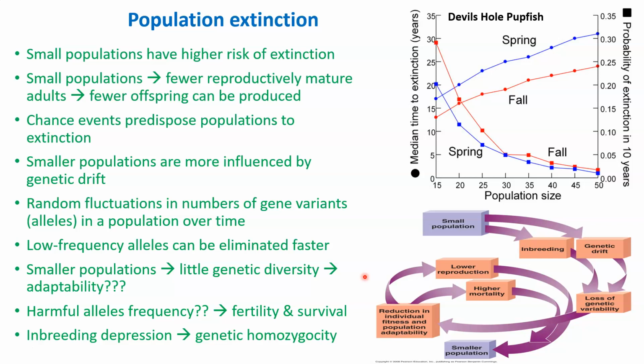What happens when the population fitness is lower? Their reproduction goes down, mortality goes up, birth rate goes down. As a result, the population becomes even smaller, and that creates a feedback loop, further accentuating inbreeding depression and the negative impacts of genetic drift. This cycle can keep going on and on.